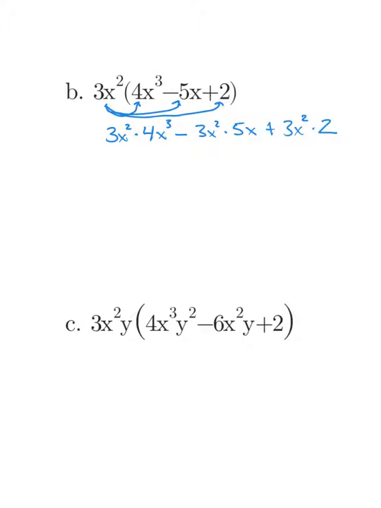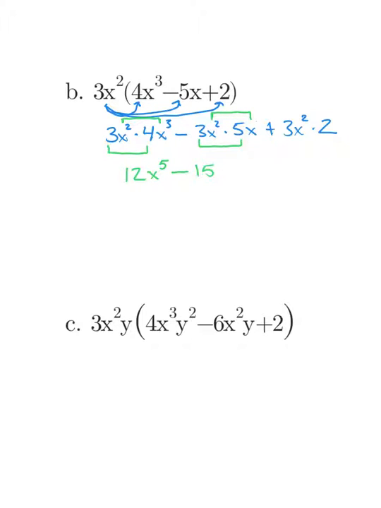For each term, we want to go ahead and multiply the monomials. So I'm going to multiply my numbers. 3 times 4 is 12. And x squared times x cubed, we add the exponents, we get x to the 5th. Minus. For our second term, again, multiply the numbers, we get minus 15.